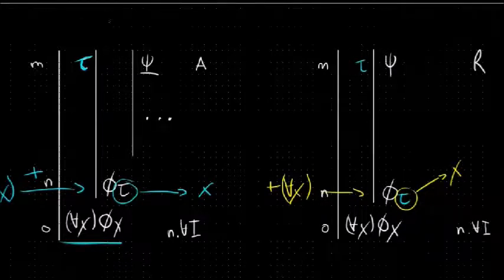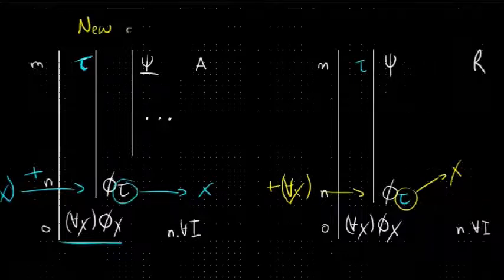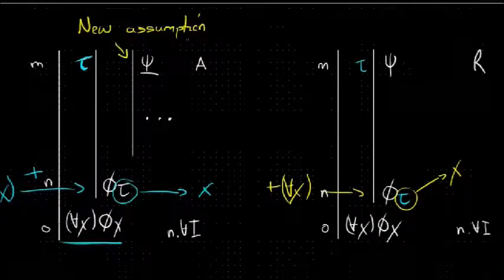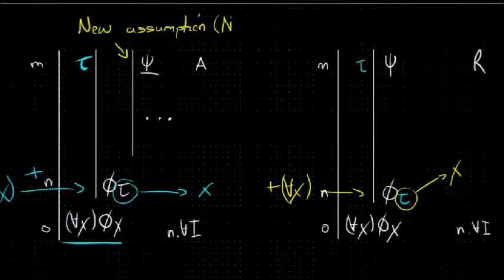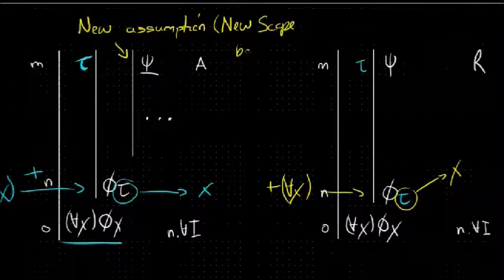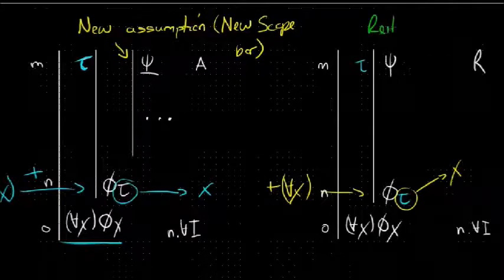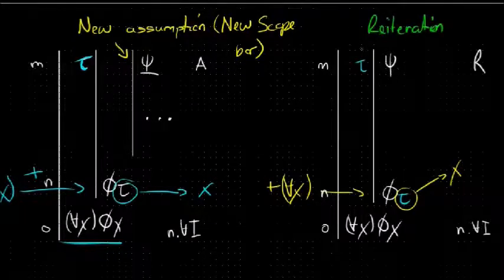We either have a new assumption on a new scope bar, so that's important. Or we can have a reiteration of a previous formula, so from up here. So phi would have had to have come from above.